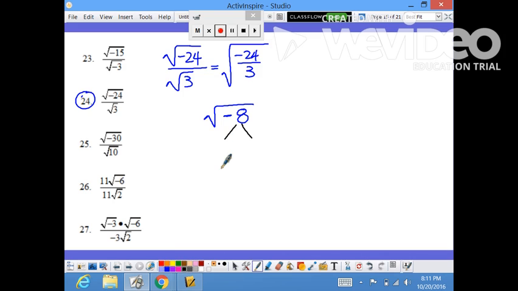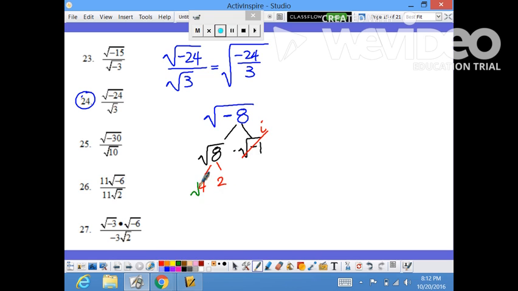So let's do that. We have the square root of 8 times the square root of negative 1. We know that the square root of negative 1 is just i. But we have to do some work with the square root of 8. What two numbers can I multiply together to get 8? One of them has to be a perfect square. So we want to break it down to 4 and 2.